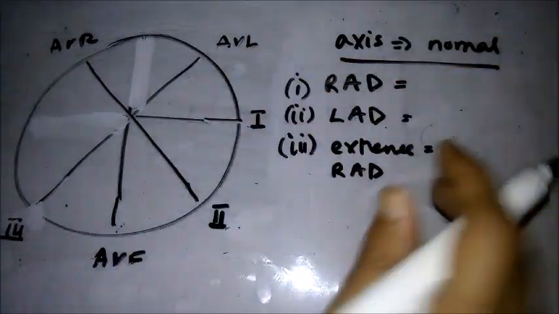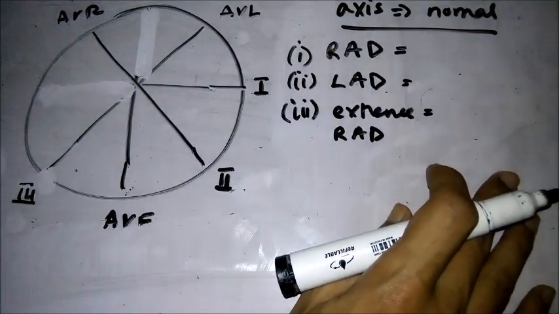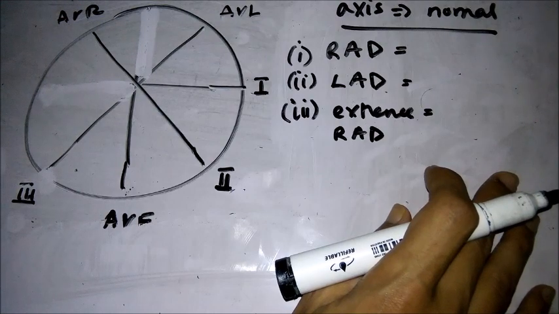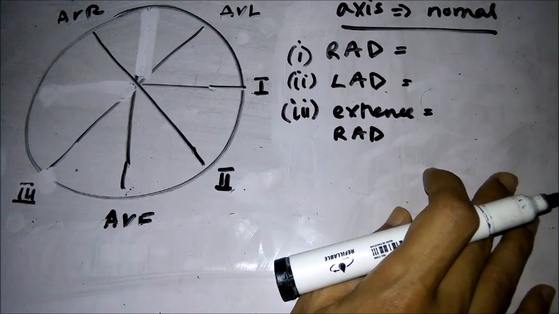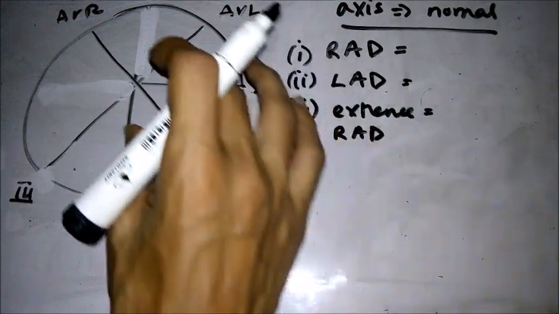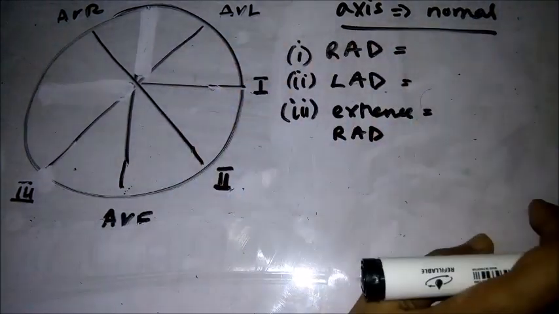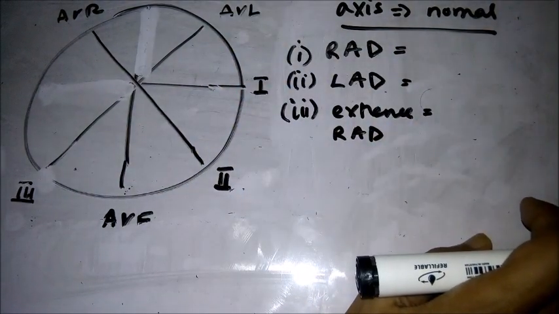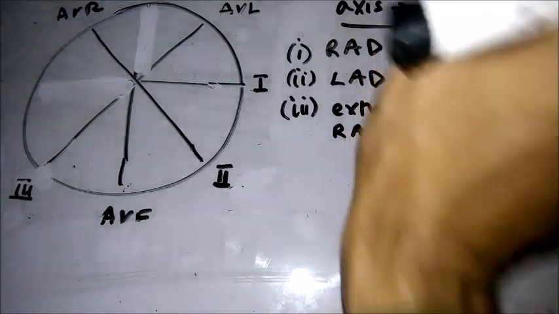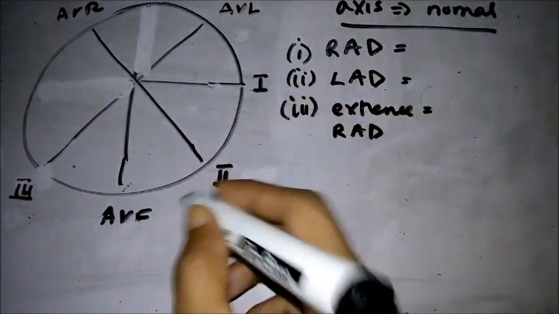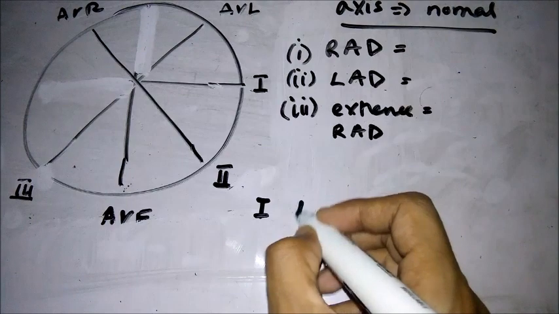If both of these are positive, we say that the axis is normal. Because if both of these are positive, the only thing that can be possible is that the electrical activity is somewhere in between the two leads, right? And so we say that the axis is normal if both 1 and AVF are positive.